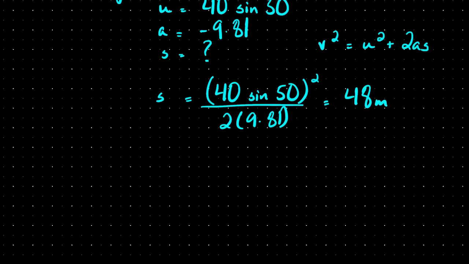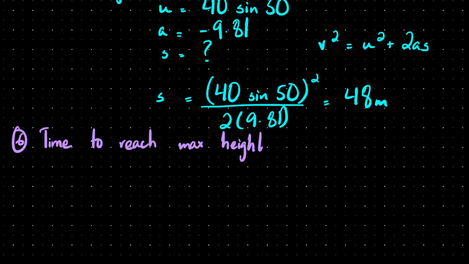Let's do another part where, for example, the examiner asks us to find the time to reach the maximum height. So for the time to reach the maximum height, if you think about it, now I know everything that we need to know about the maximum height except the time itself.